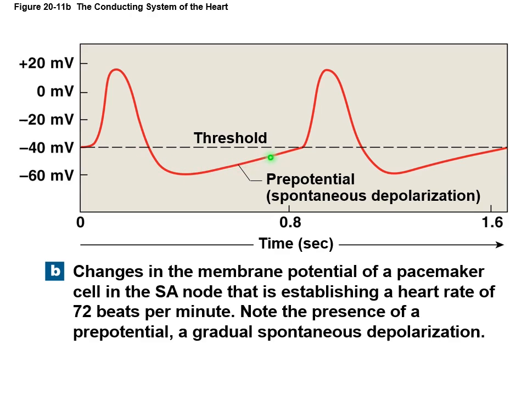That happens automatically because of an array of channels, mostly sodium channels and calcium channels, that are called leaky. They're leaky channels because the electrolytes leak in constantly, right? Those channels don't have to be opened by a specific event. They're always leaking. So the cations gradually come in. You reach a certain threshold voltage, which is about -40 millivolts.